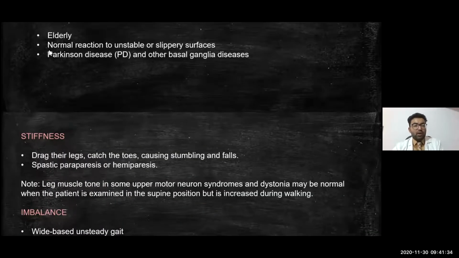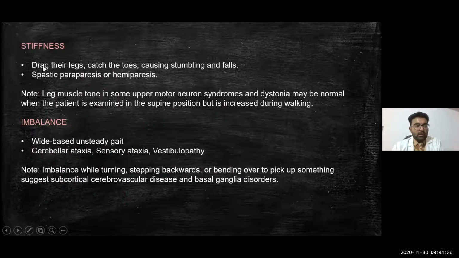The patient might complain of stiffness. They may also tell you that they drag their leg or catch their toes, causing stumbling and falls, which is generally seen in spastic paraparesis or hemiparesis.